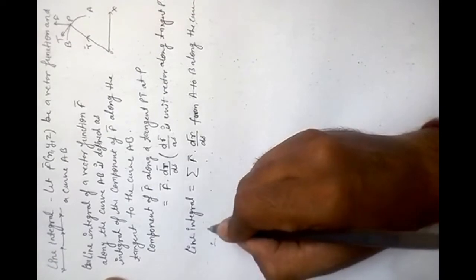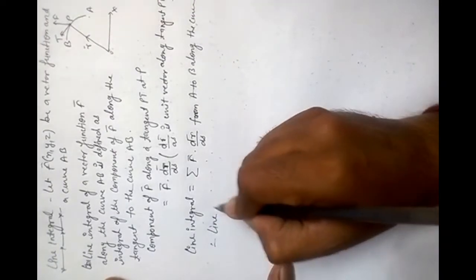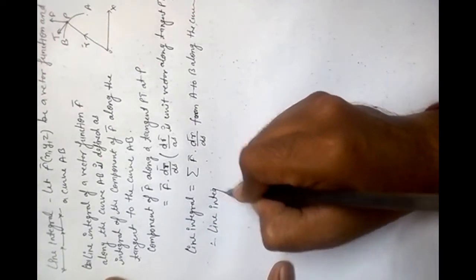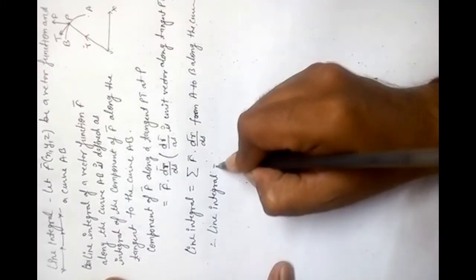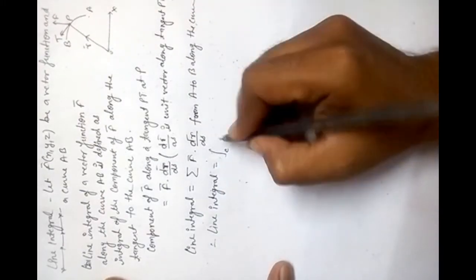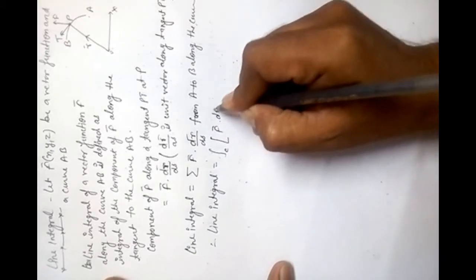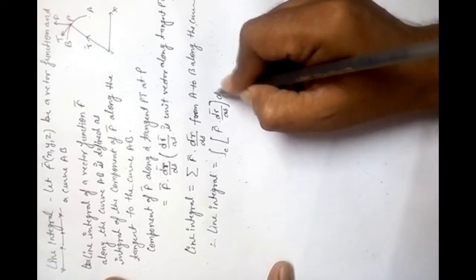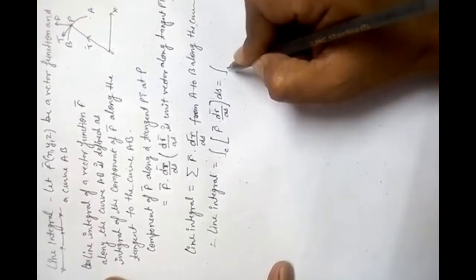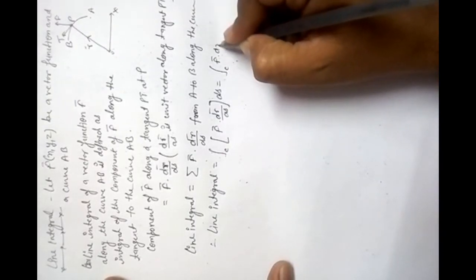So the line integral is equal to the integration of vector F dot dr upon ds, which is equal to the integral over C, the path of the curve, of F dot dr.